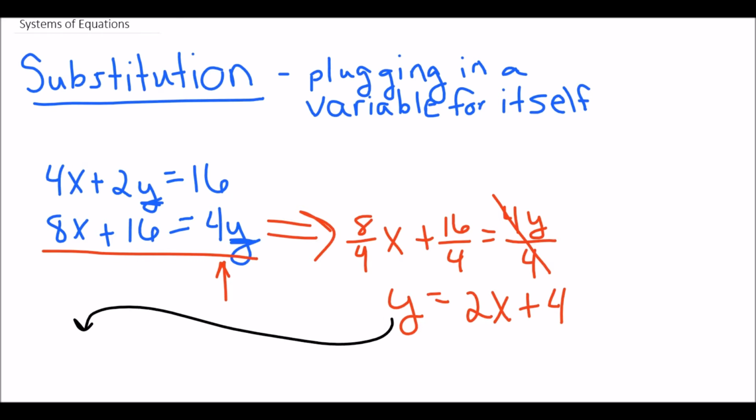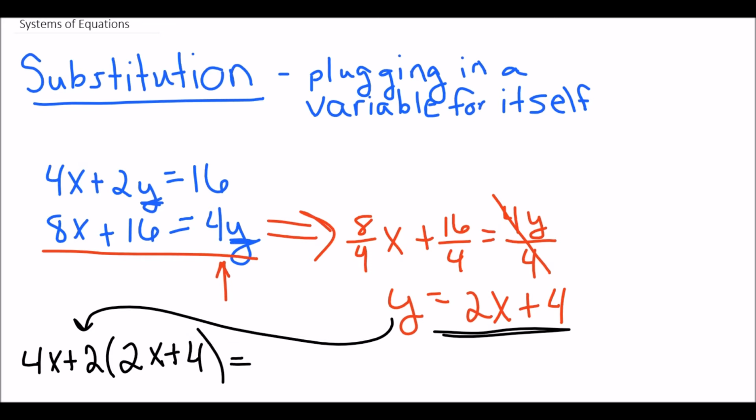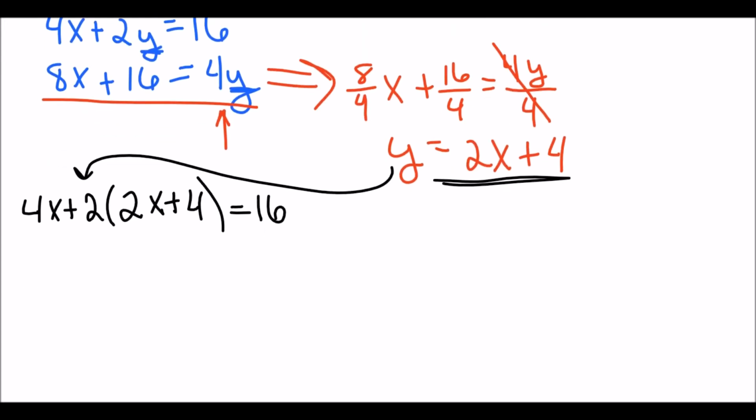Okay? So we have 4x + 2 times, here's our equation, (2x + 4), and that all equals 16. Now, moving on, you guys have all done this, and basically you just simplify and solve for x.